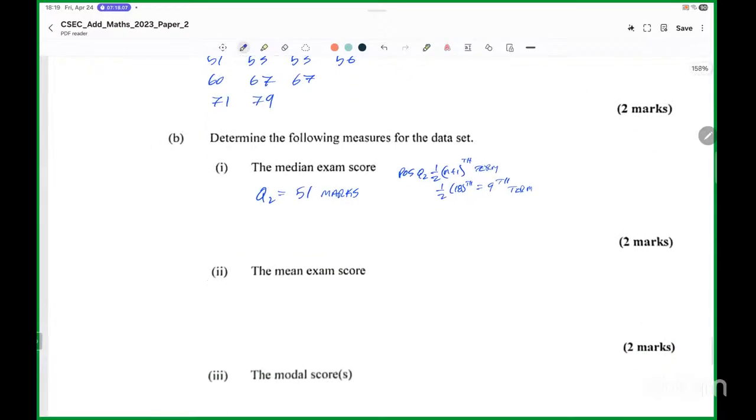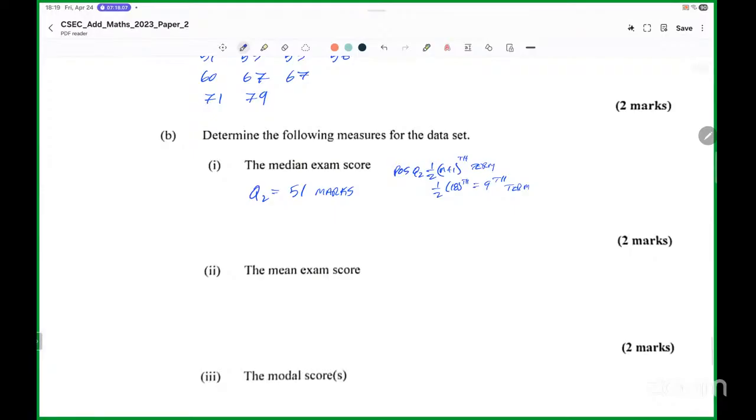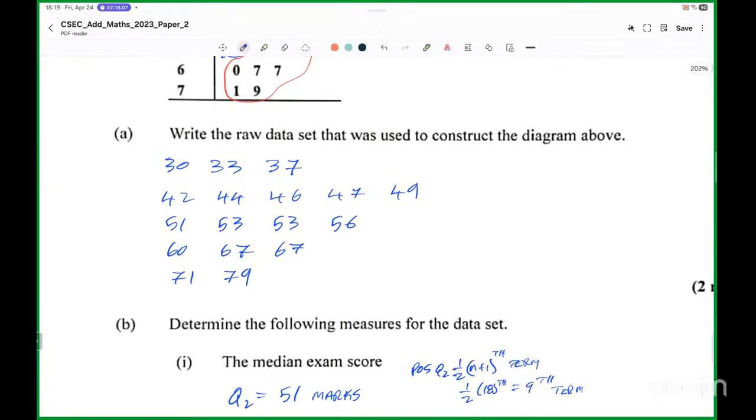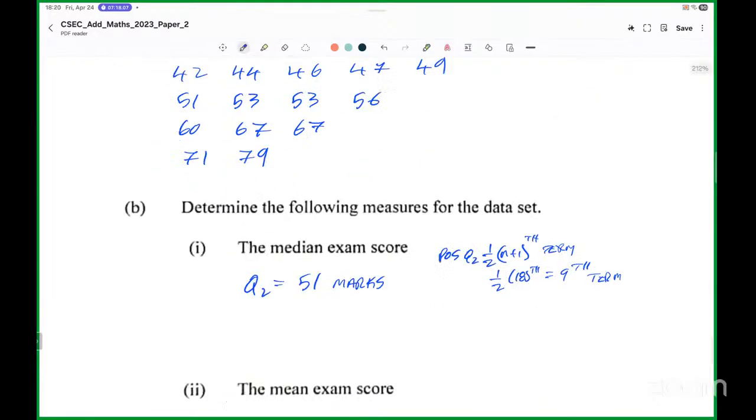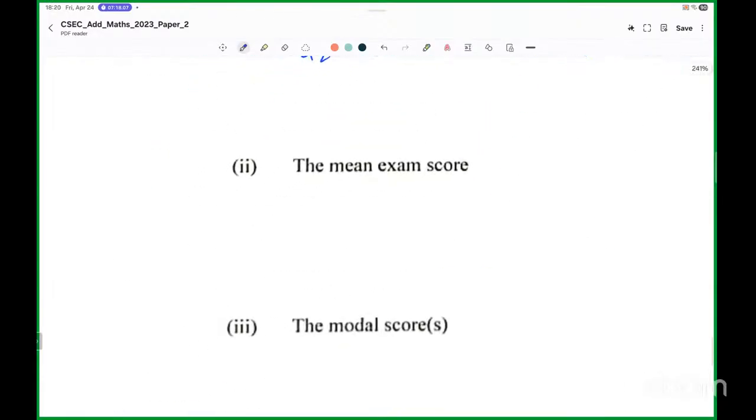The next question, the mean score. Come, work out the mean score for me. Calculate the mean the same way: add them up and divide by the number of values. The formula for the mean, x bar, is the sum of the values divided by the number of values.